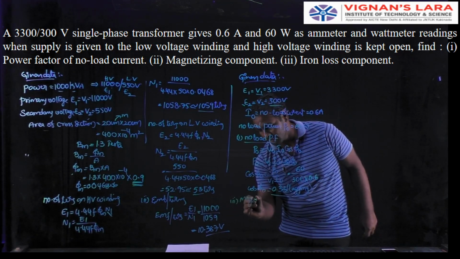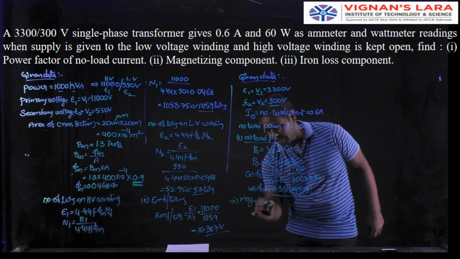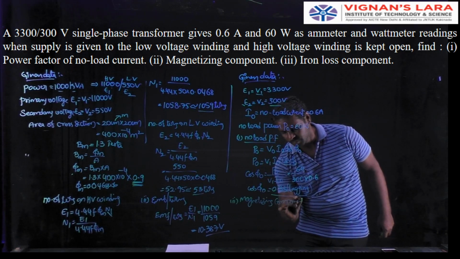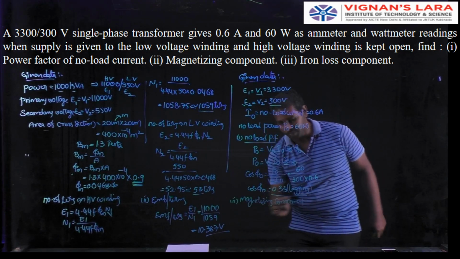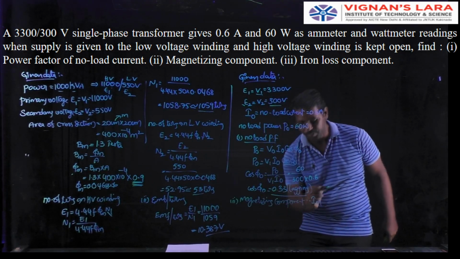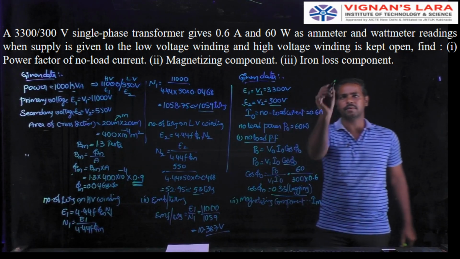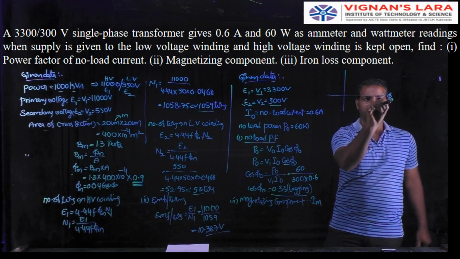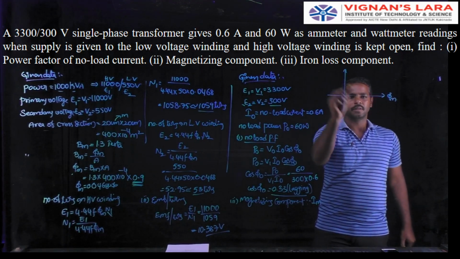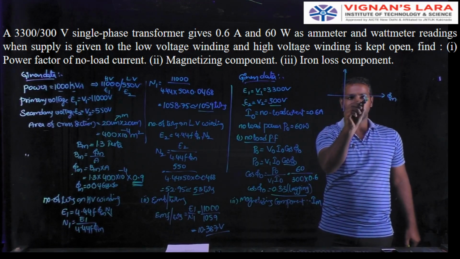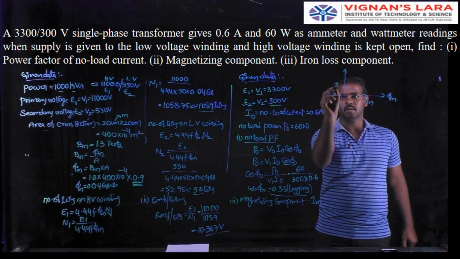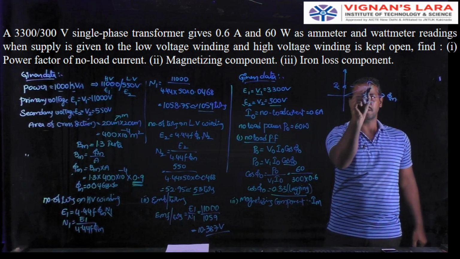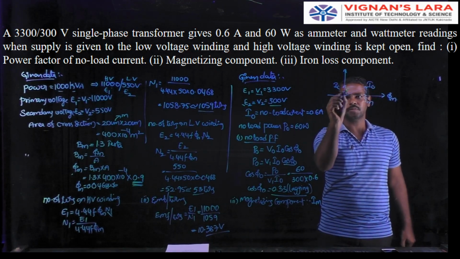The second part is the magnetizing component, which is always denoted by Im. These parameters are calculated using the given phasor diagram, with the flux or magnetizing component and the IC component. The resultant of these two is I naught, at angle phi naught.